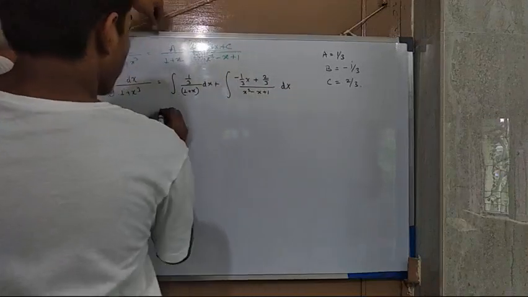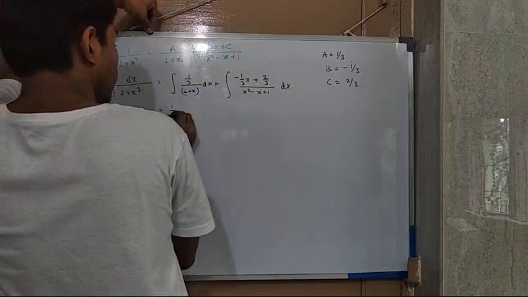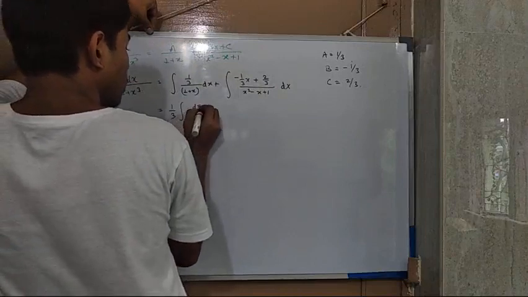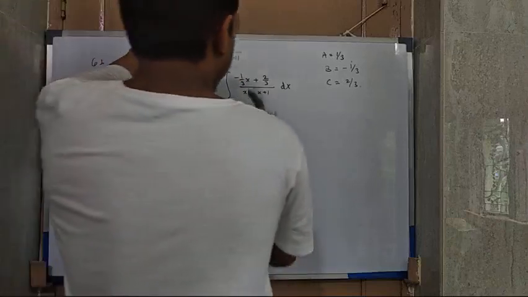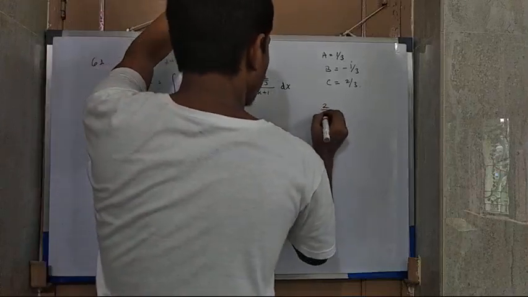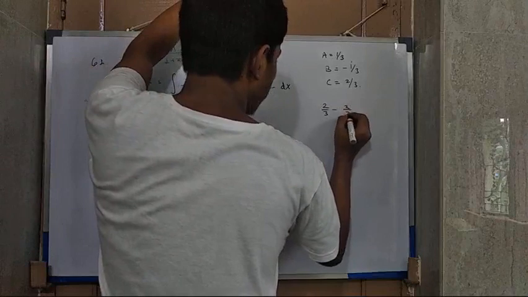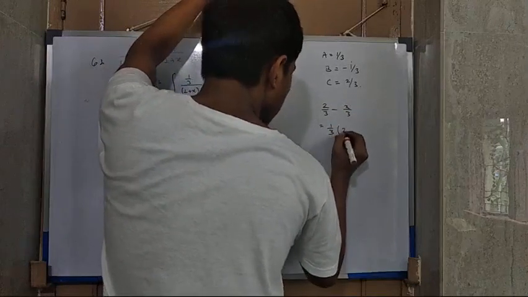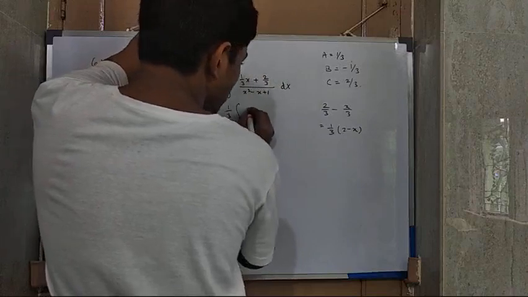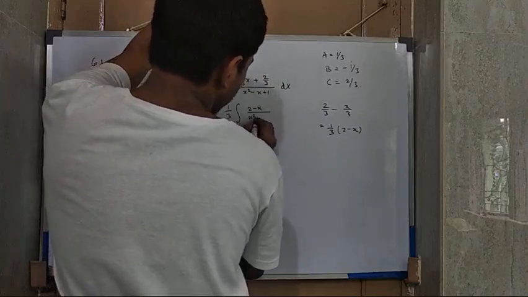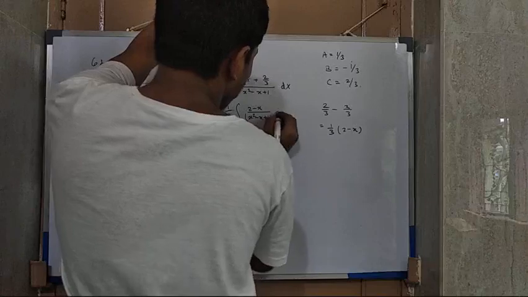So this is 1/3 integral dx by 1 plus x, and this is 2/3 minus x by 3, which is 1/3 times 2 minus x. So this is plus 1/3 integral 2 minus x by x squared minus x plus 1 dx.